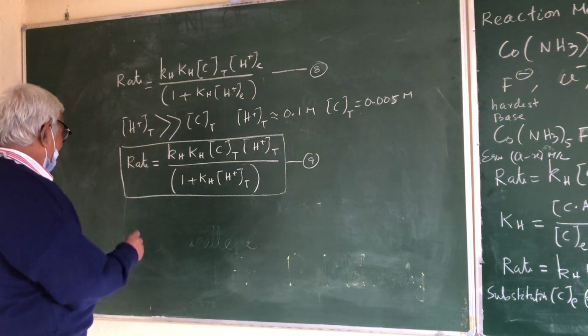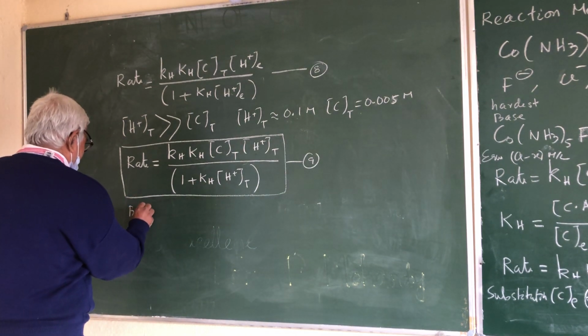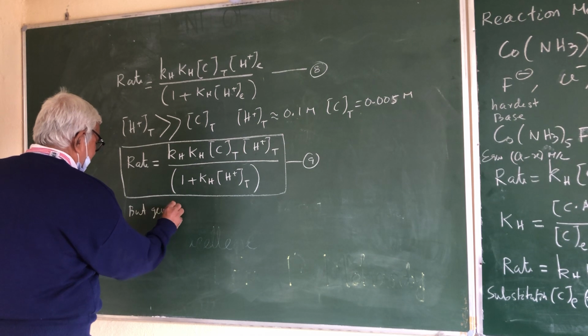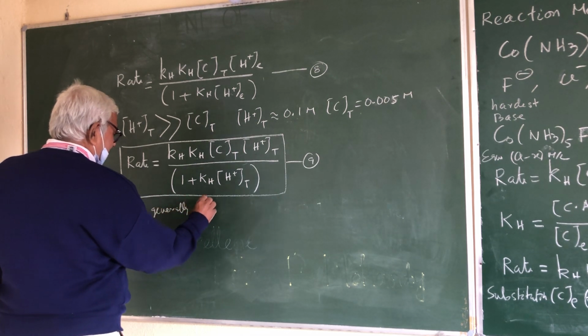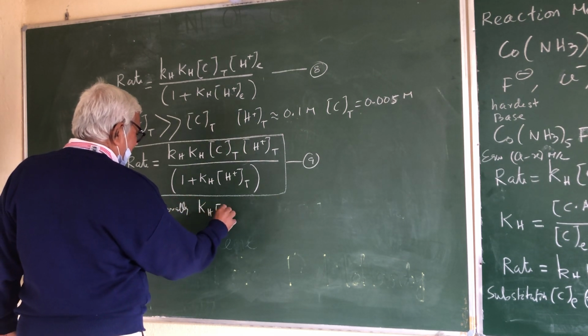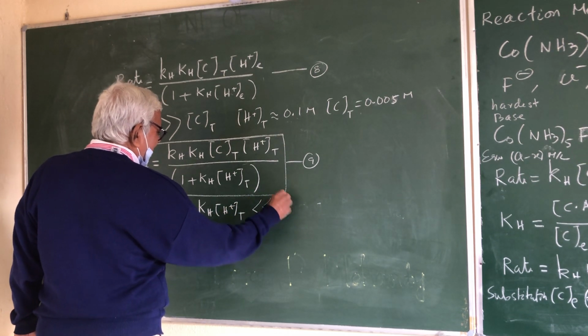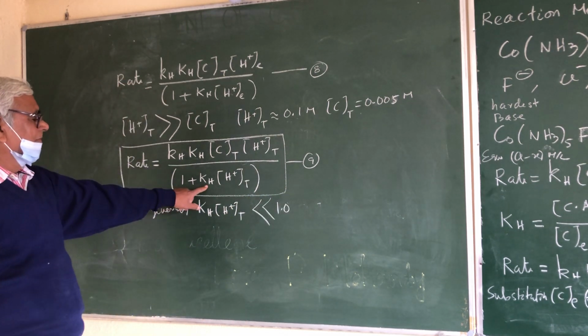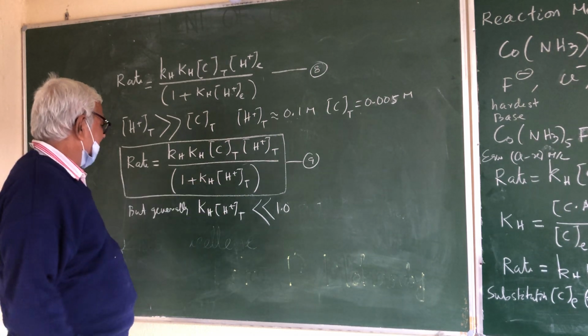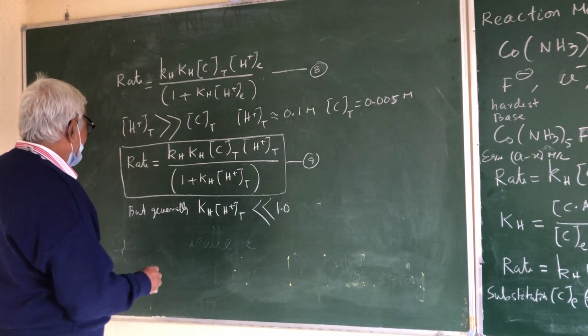But generally kH into hydrogen ion total is much less than 1, because the kH value will be small. Under this condition, what will be the rate law?